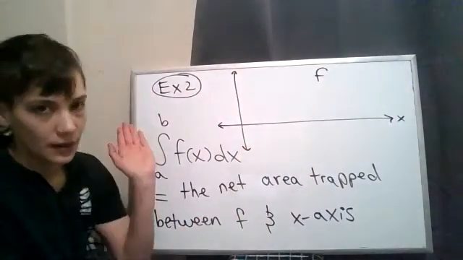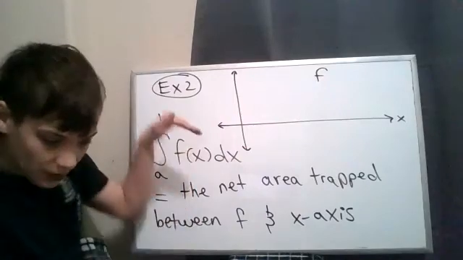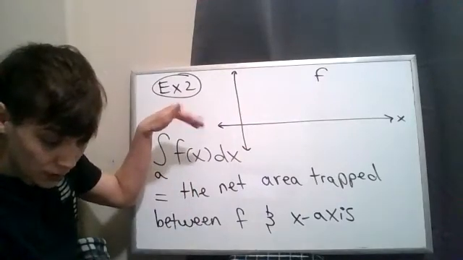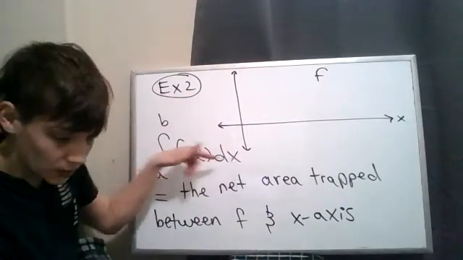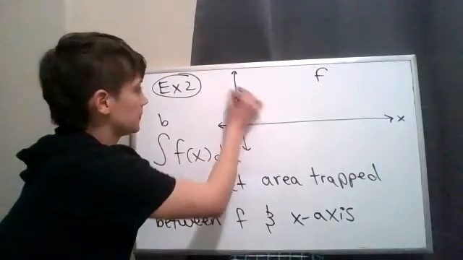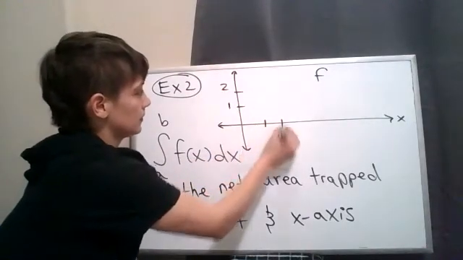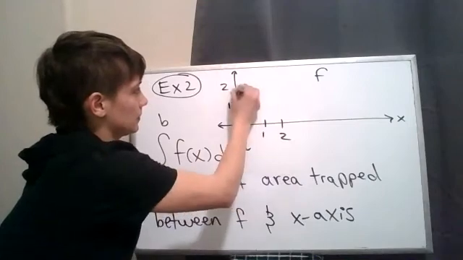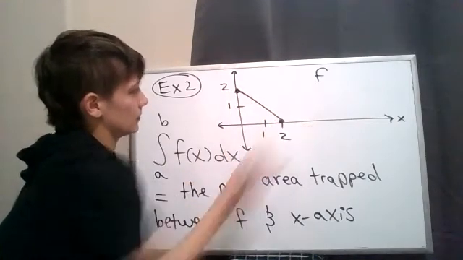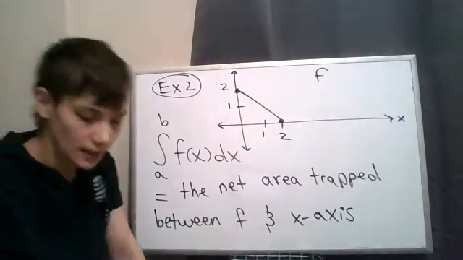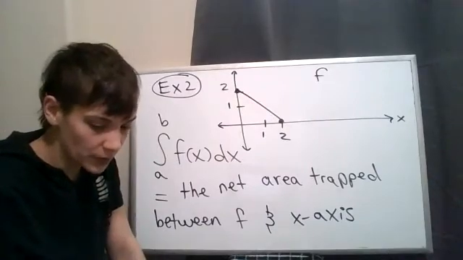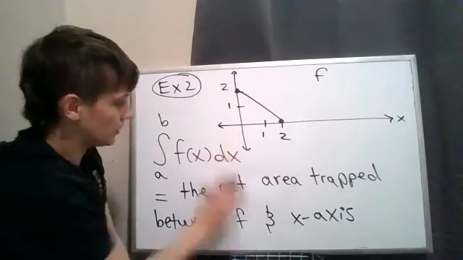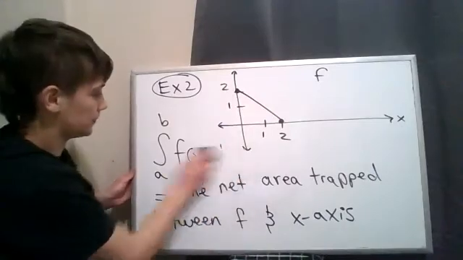We want our function to go from 0 and then connect to 2, 0. We're going to have a half circle with radius 1, so we're going to go down to -1.